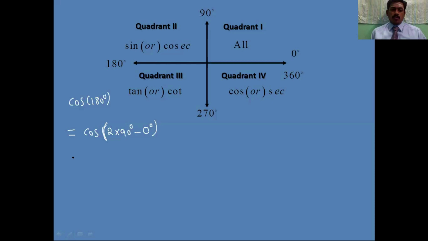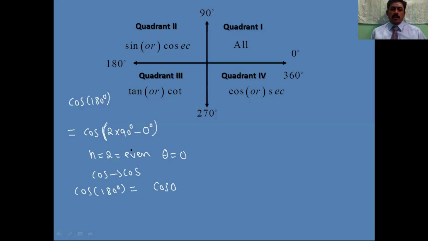So now here n is equal to 2, that is even. Even means no change in the trigonometric. Cos can be written as cos only, and your theta value is given as 0 here. So therefore your cos 180 degree can be written as cos 0.